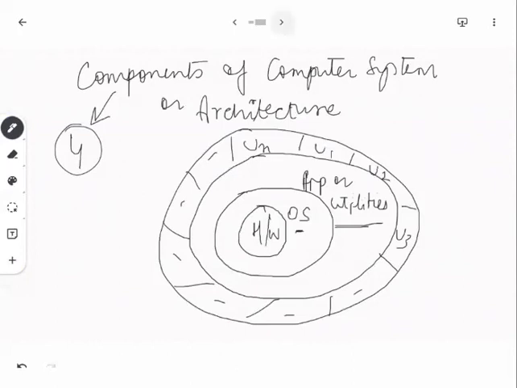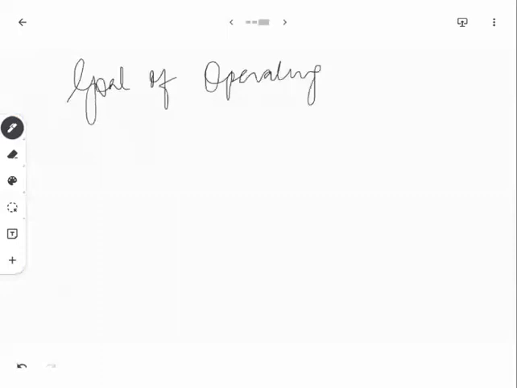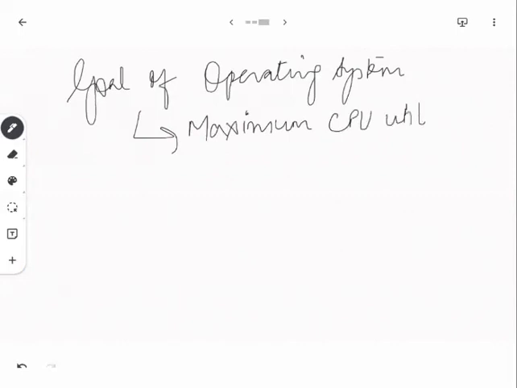Now, the goal of any operating system is maximum CPU utilization. That means reducing CPU idle time.